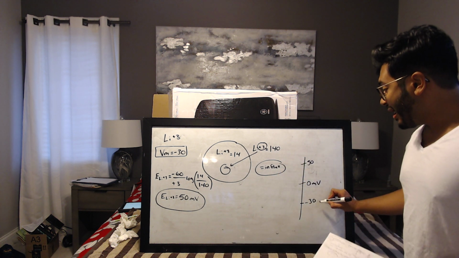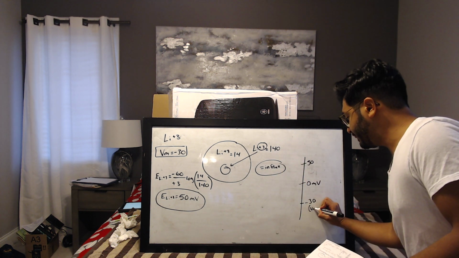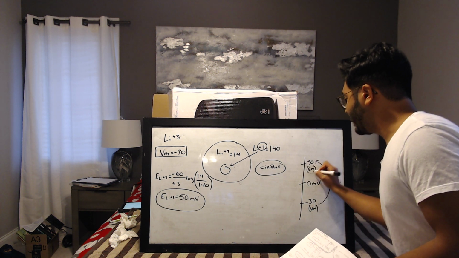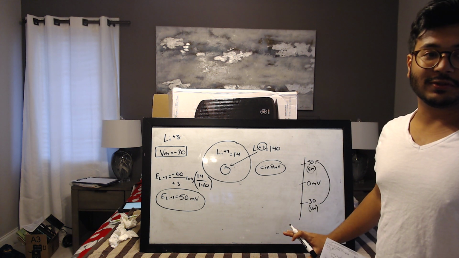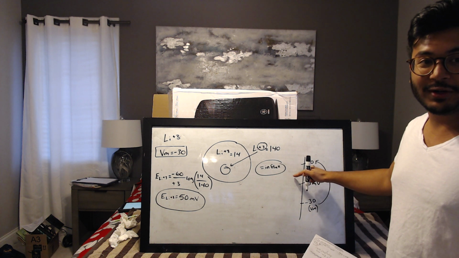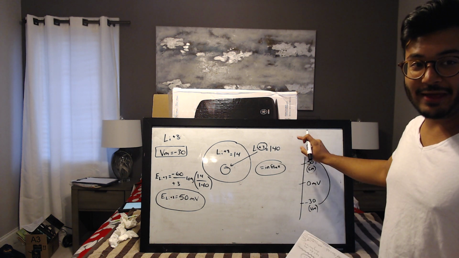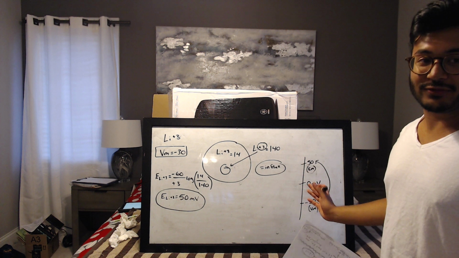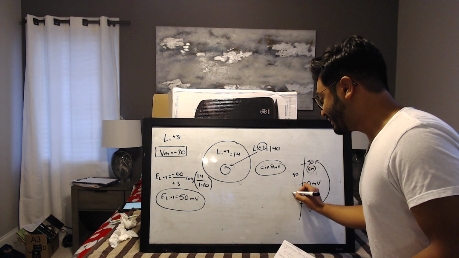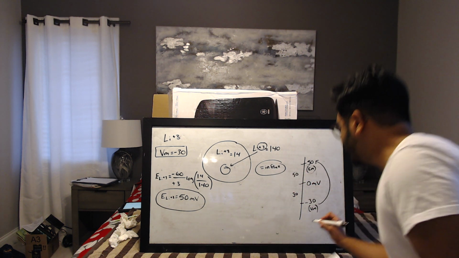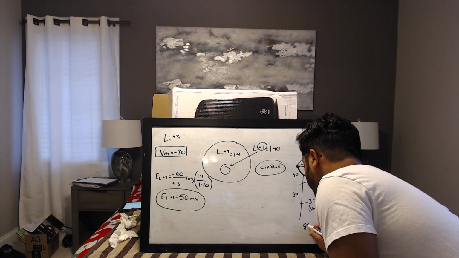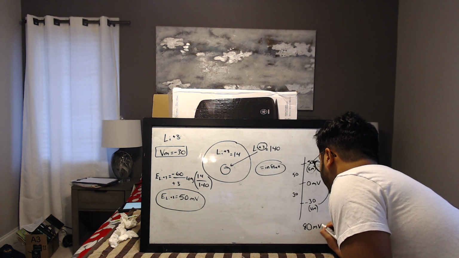We're going to take our VM to our EM, and we're literally just going to find the difference between the two. When I say difference, I mean you can count the number of spaces in between and figure out what your value is going to be. So you just take this, which is 50 over here, and this is 30. Add the two together, and you're going to get your driving force value to be 80 millivolts.